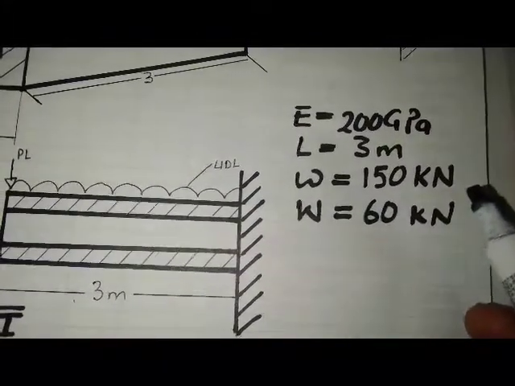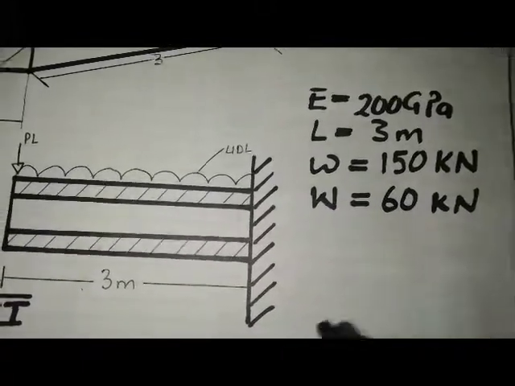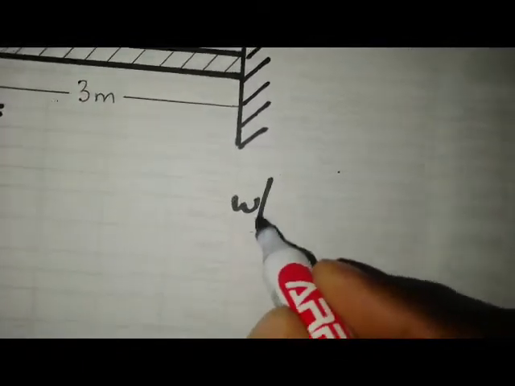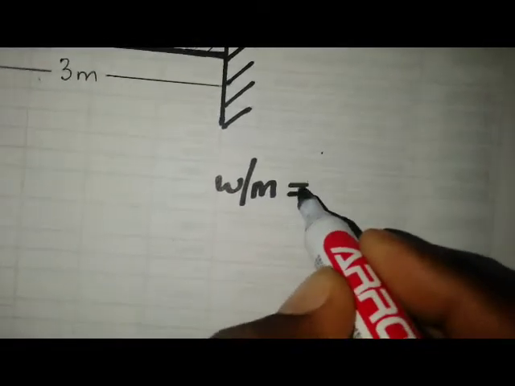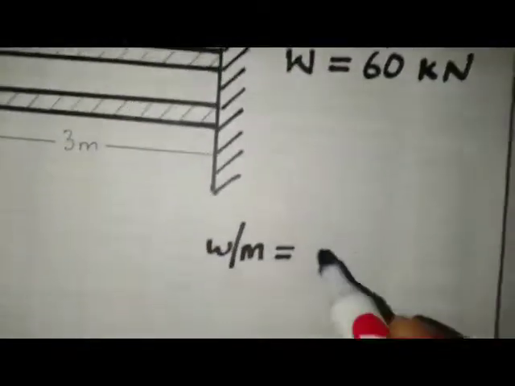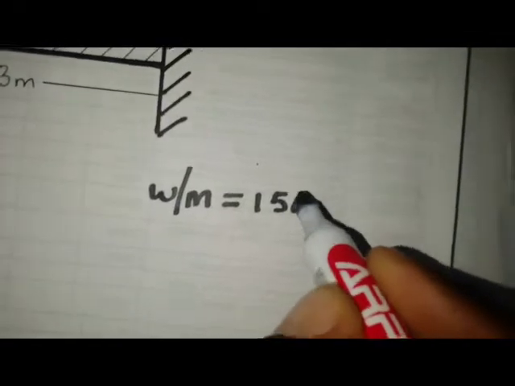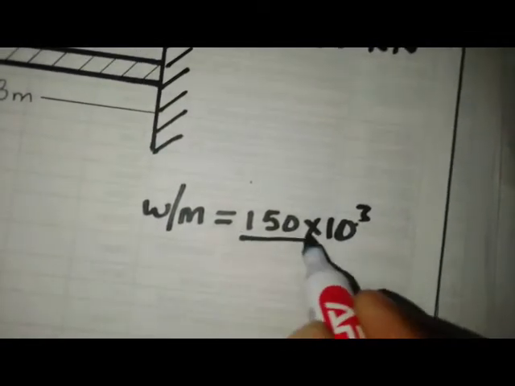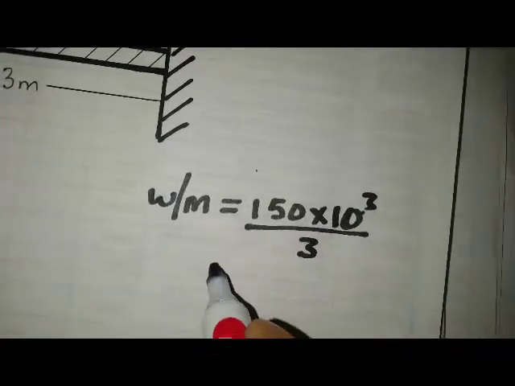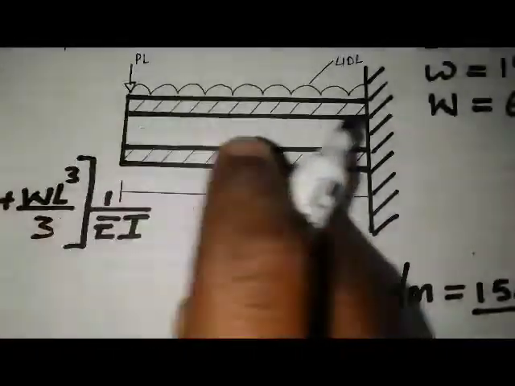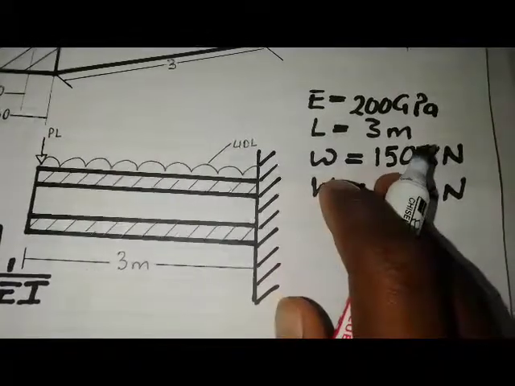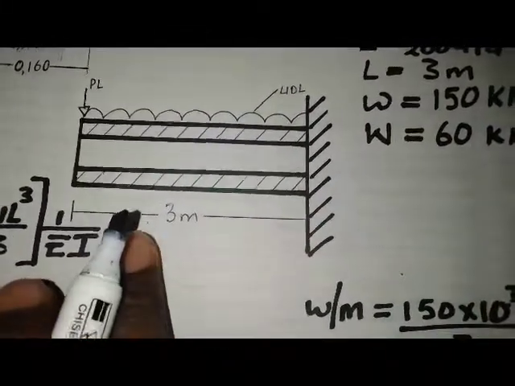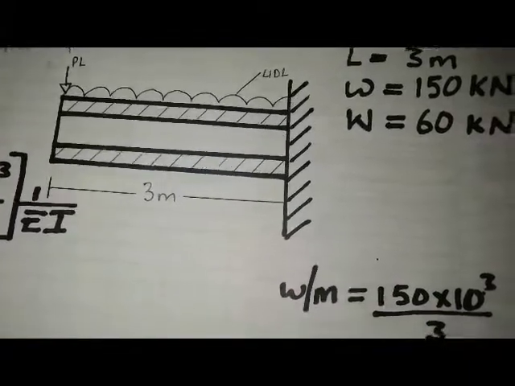So to have the weight per meter for the uniformly distributed load, we've got 3 meters and it's 150 kilonewtons, so it's 150 kilonewtons divided by 3 to have the load per meter.